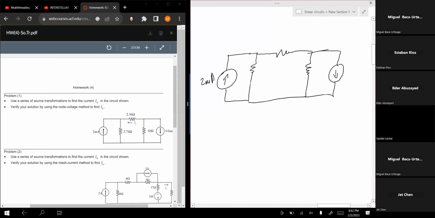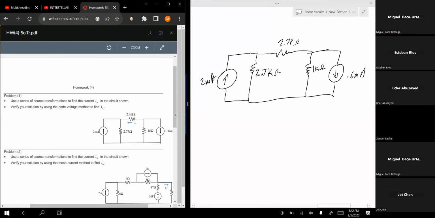Two milliamps. 2.7 kilo ohms, 2.3 kilo ohms, 1 kilo ohm, 0.6 milliamps. Okay. I'll let you guys get that one drawn out.